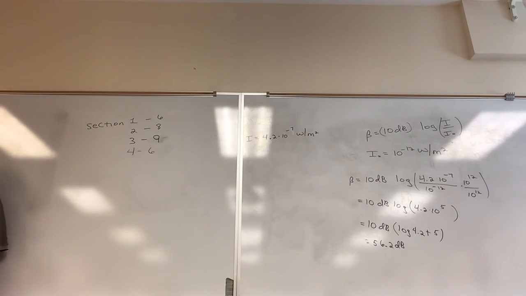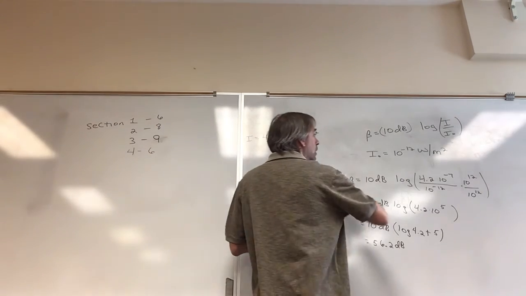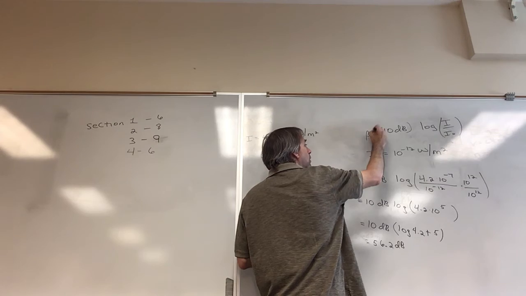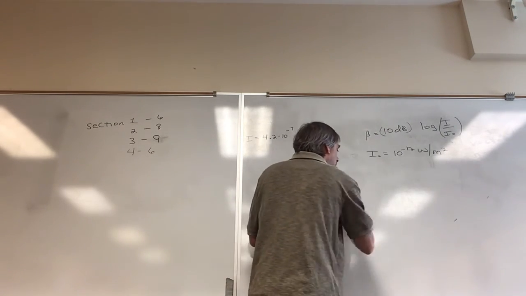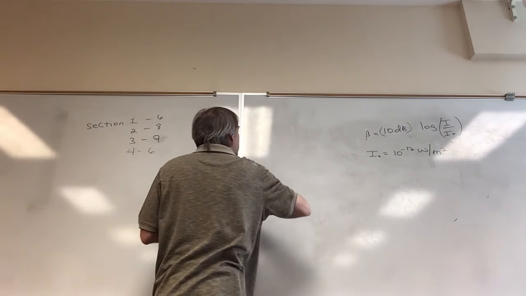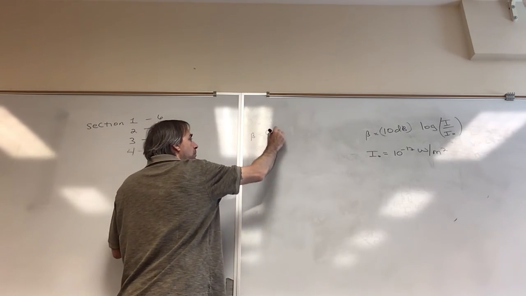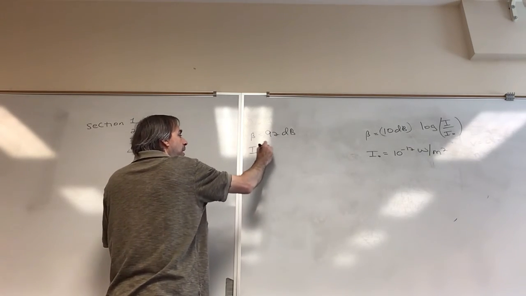Any questions before I erase this? Okay. Actually, I'll leave this. Just erase this part. So let's say we're given a decibel level of 92. What is the intensity of that wave?